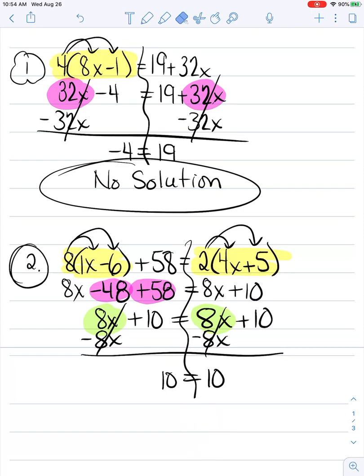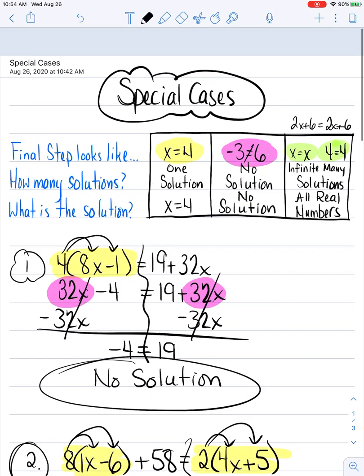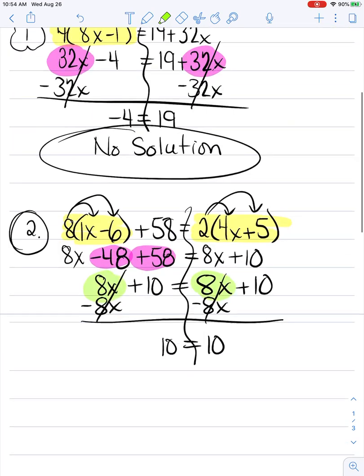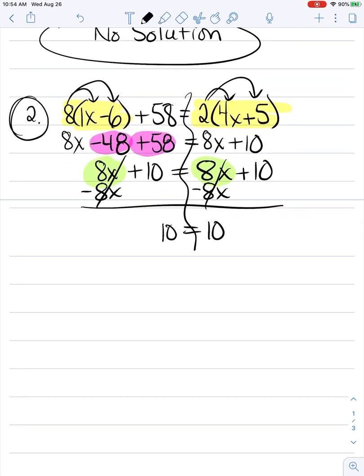Well, if I look back at my chart, when I have two equal numbers, or the same thing on both sides, then I have infinitely many solutions. Some people will even say infinite solutions or many solutions, but I'm going to write the whole thing, infinitely many solutions.